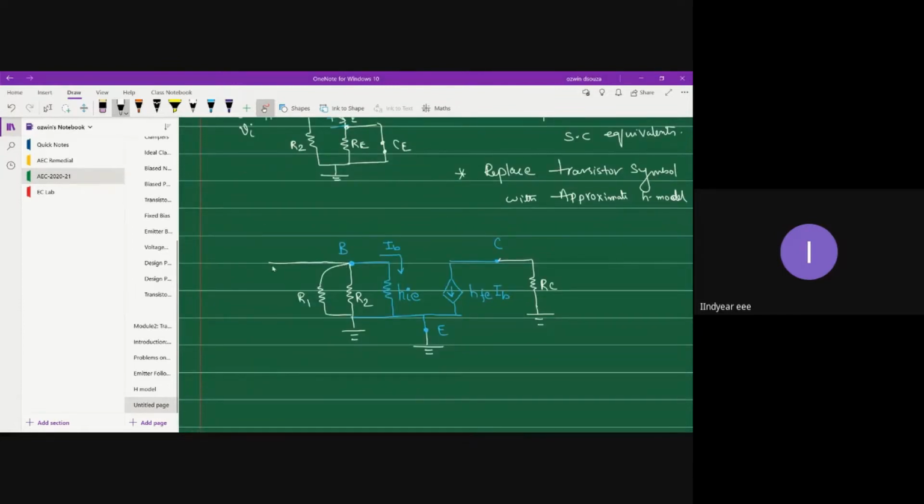Okay, so it actually resembles your RE model itself. Only the difference is that parameters we have changed. Okay, that's your V0. Okay, we'll mark the two-port convention currents, input current II, output current I0.